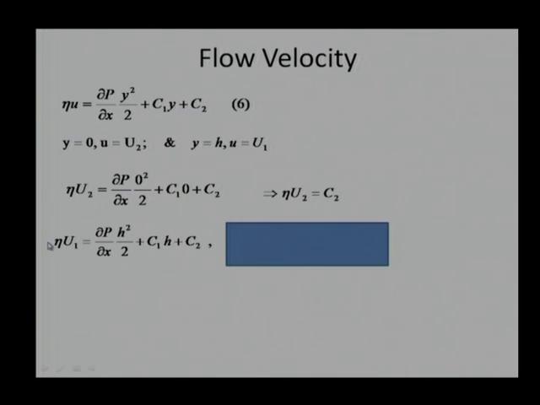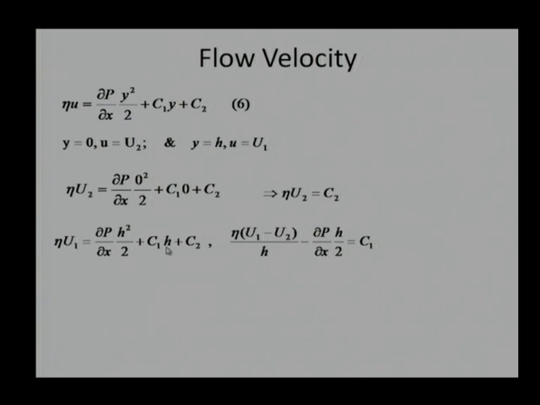Already there is a term eta this side, so we can bring u 2 to this side and say it will be eta into u 1 minus u 2. This is a known term for the time being to us, and then we can determine C 1. We say that C 1 is equal to velocity gradient, pressure gradient and film thickness.